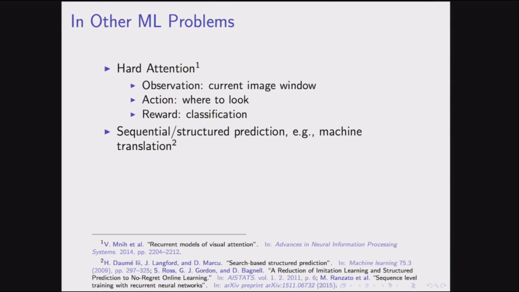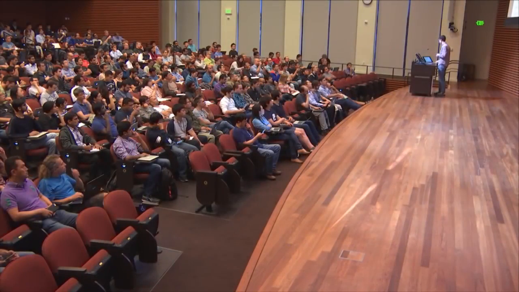Reinforcement learning has also been used in structured prediction problems, which in the past often weren't considered to be reinforcement learning problems, but it turns out that to actually properly solve them, it is a reinforcement learning problem. Machine translation, for example: you get a sentence in the source language, and you have to emit a sentence in the target language.